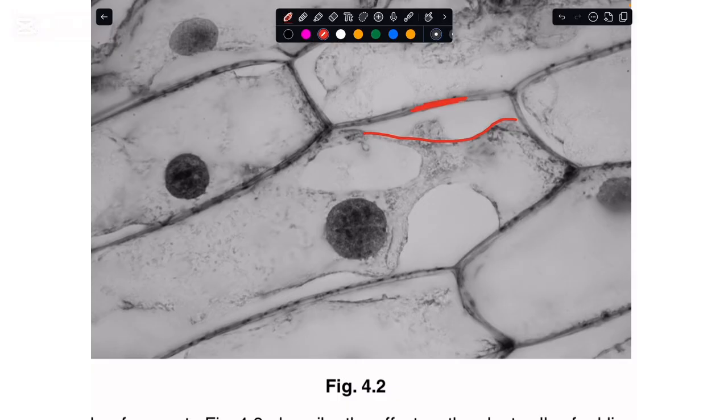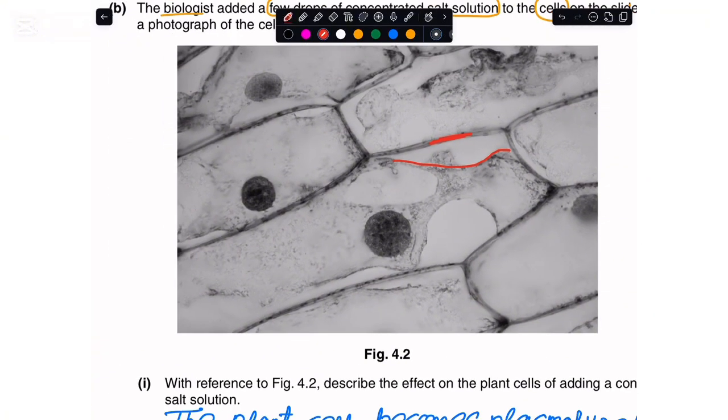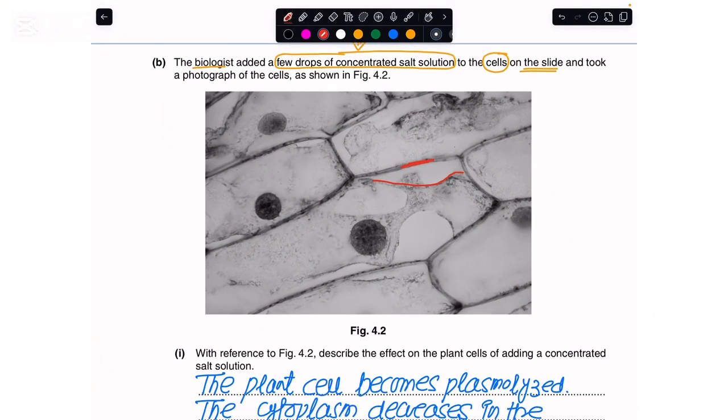And when that is the situation, what you need to keep in mind is that the plant cells are becoming plasmolyzed. The issue here is that the scientist added a few drops of concentrated salt solution, so this concentrated salt solution on the outside of the cell has lower water potential.